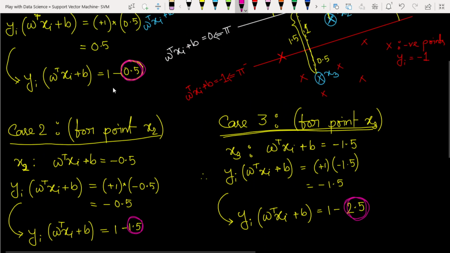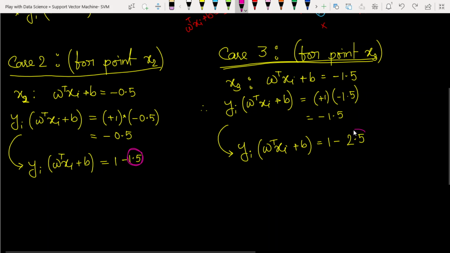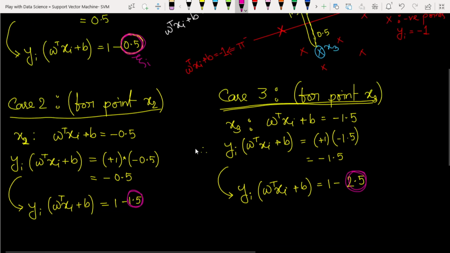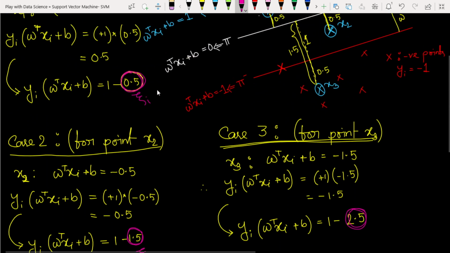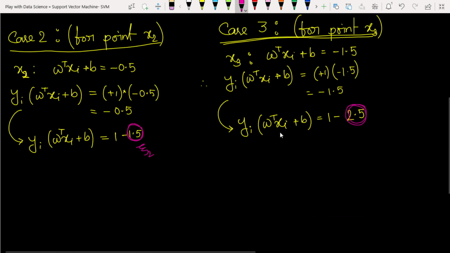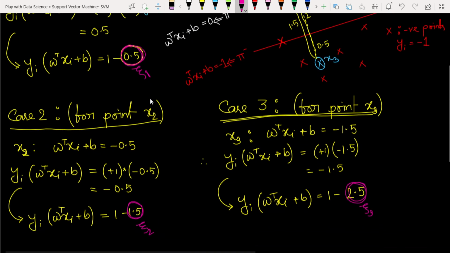If we denote this thing as zeta i, then first this will be zeta 1. For the x2 point this is zeta 2, and this point is zeta 3. For each different point I am taking a different zeta.